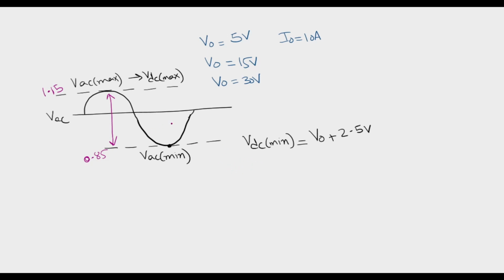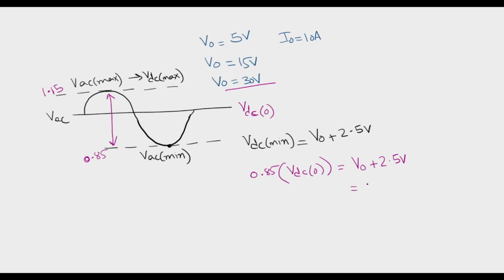So this implies that if I want to find my VDC, let's say VDC is the value at the zero crossing, it would be 0.85 times VDC is equal to this minimum value V0 plus 2.5. And let's take the different cases. Let's start from a V0 of 30.